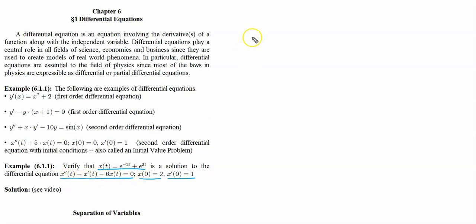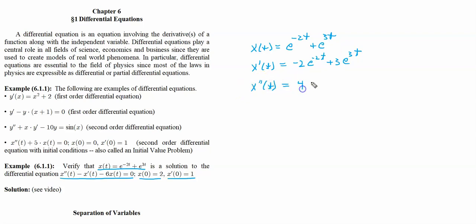0 back. So if we start out with x and we take its first derivative, and then its second derivative, now what we need to do is plug these in for x double prime, x prime, and x, and verify that we get back 0 when we add and subtract the terms together.